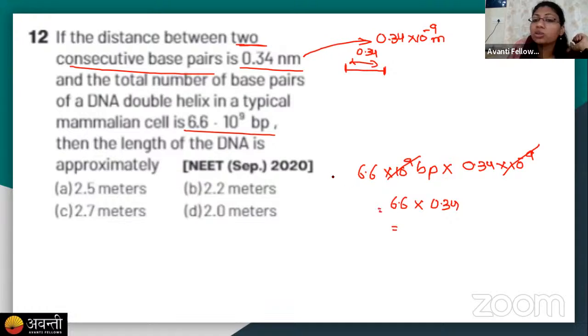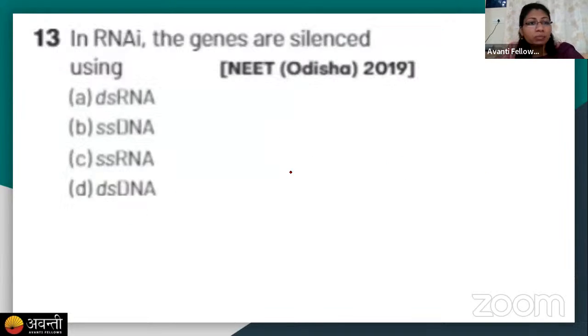As also given in NCERT, the answer comes to around 2.2 meters. So yes, you have opted for the correct answer, option B, 2.2 meters. Well done. Let's move to the next question.